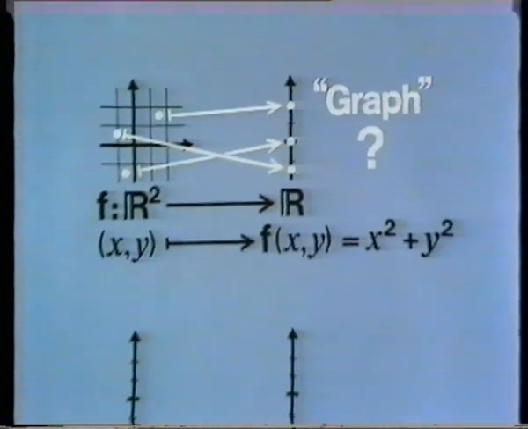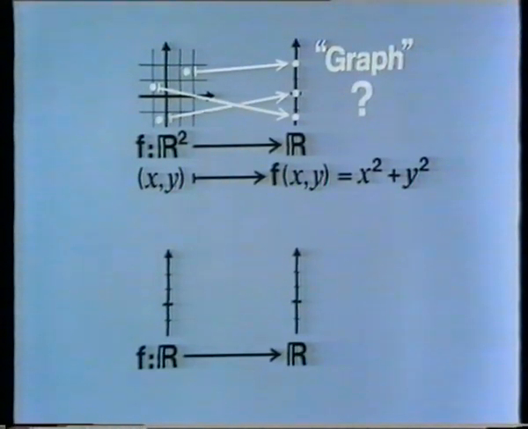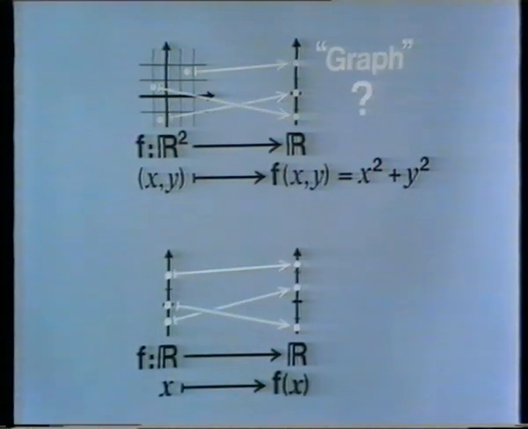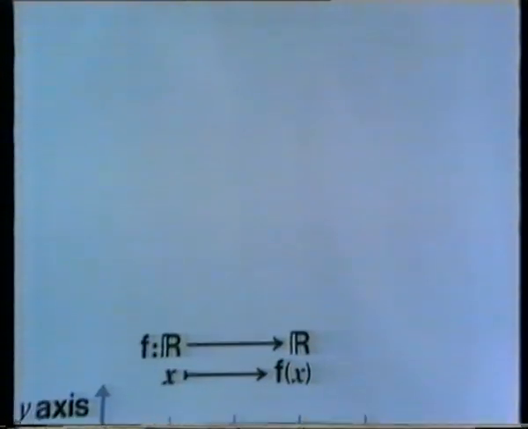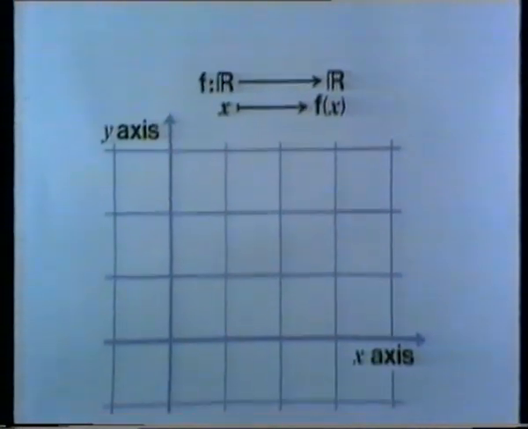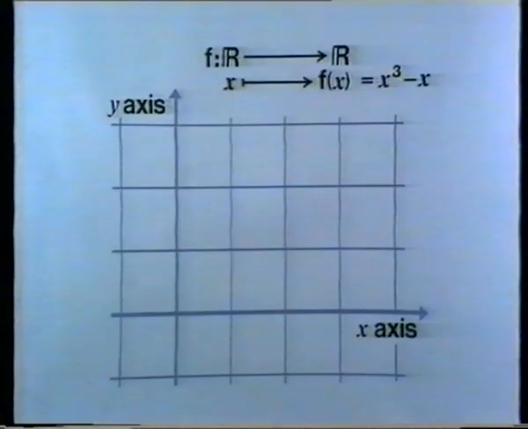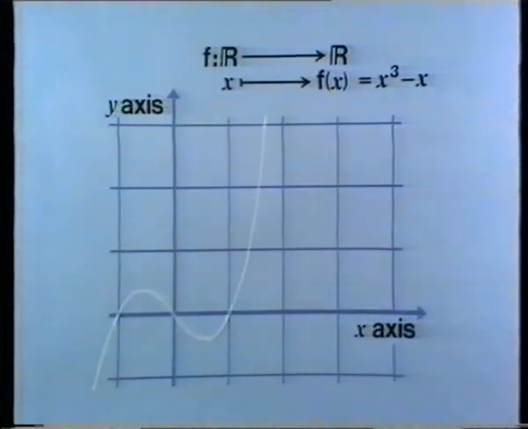Well, let's first look at a case you're familiar with, a function from R to R. For example, when f of x equals x cubed minus x, the graph looks like this.